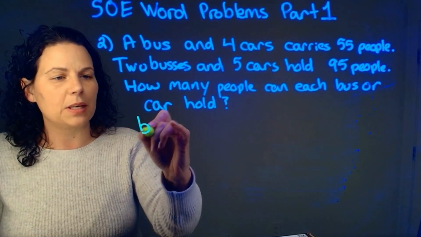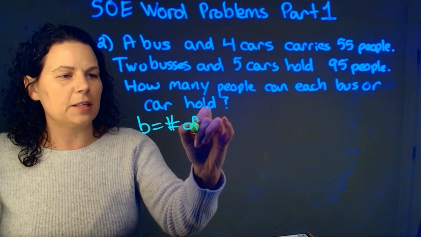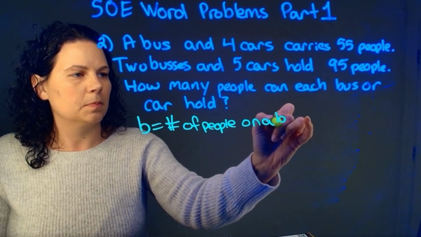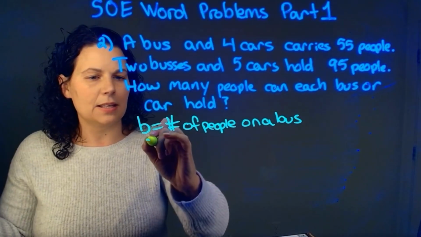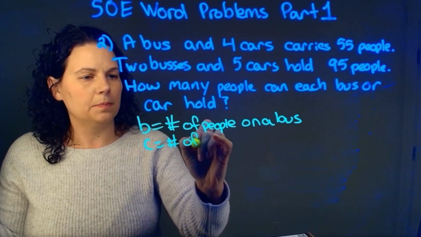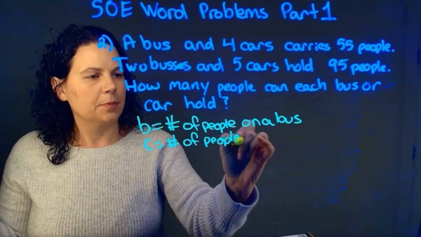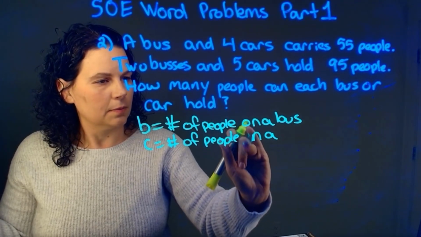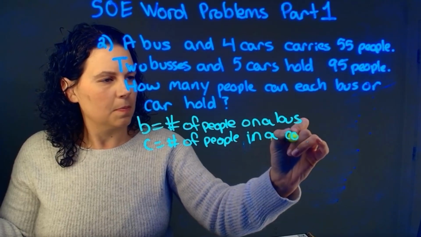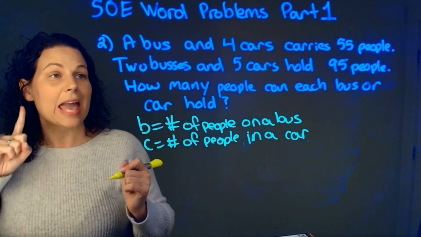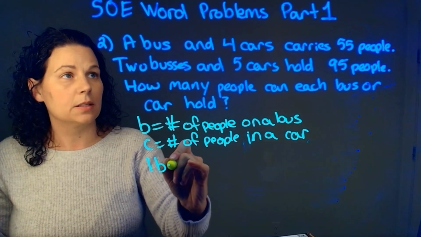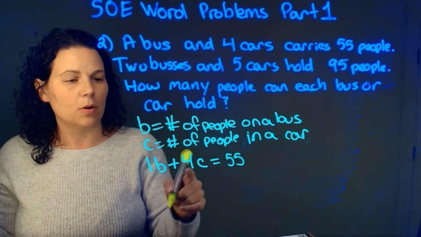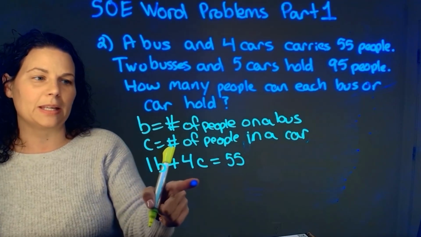So I'm going to say B is the number of people on a bus, and C is going to be the number of people in a car. I've got my variables. Okay, a bus, so 1 bus plus 4 cars gave me 55 people. How much times how many?